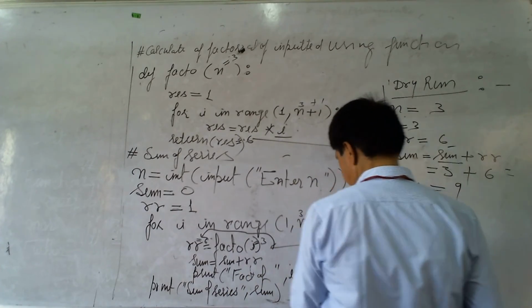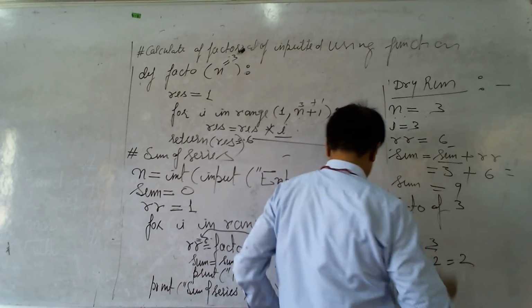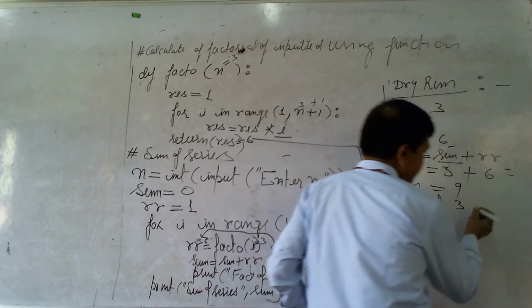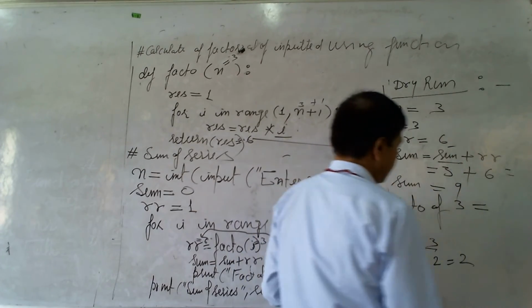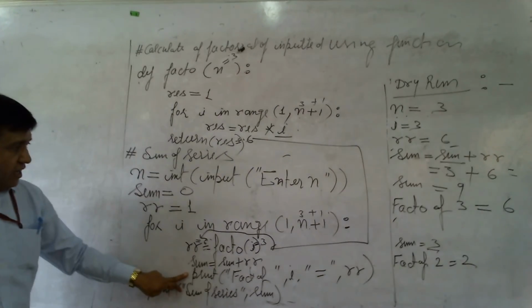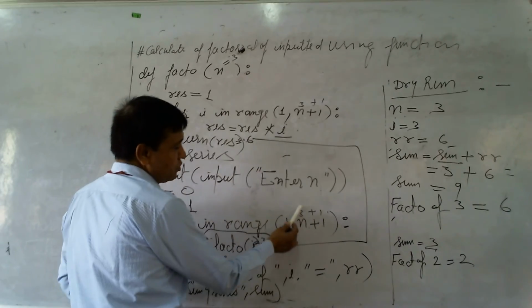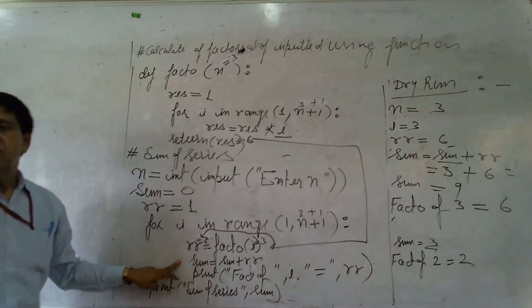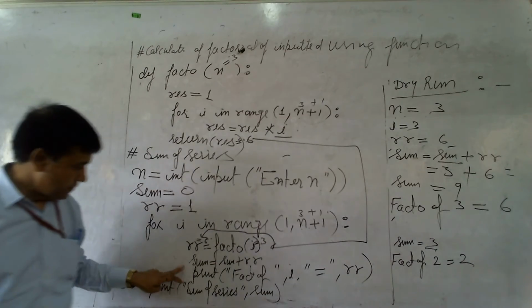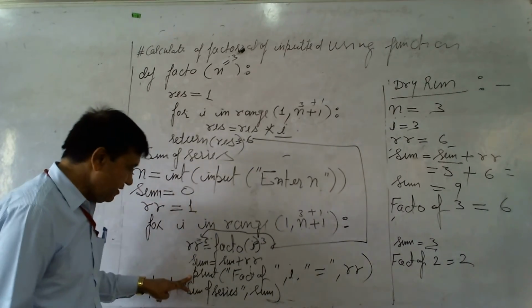After this, the statement will be executed which will display the result like factorial of I. And what is the value of I? This is 3. Then the equal symbol will come as it is, and this is 6. Fine. As we have value of n equal to 3, this for loop will execute 3 times. Now execution of the for loop is completed.